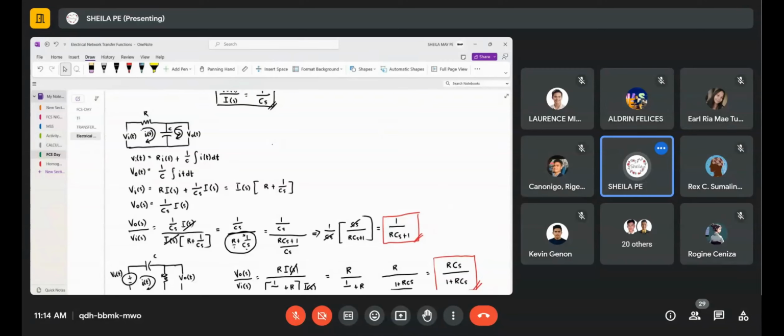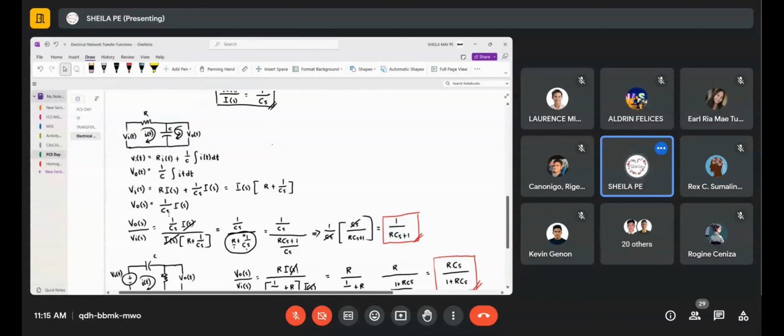We have I(S) in terms of 1 plus RCS, so I(S) in terms of this one is I(S) times R plus 1 over CS. In here is 1 over SI(S).